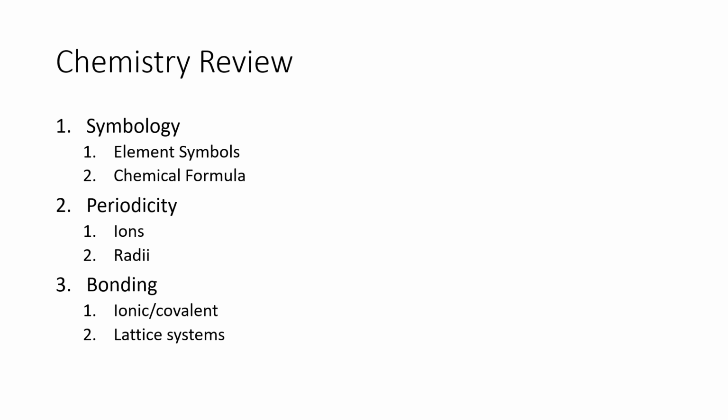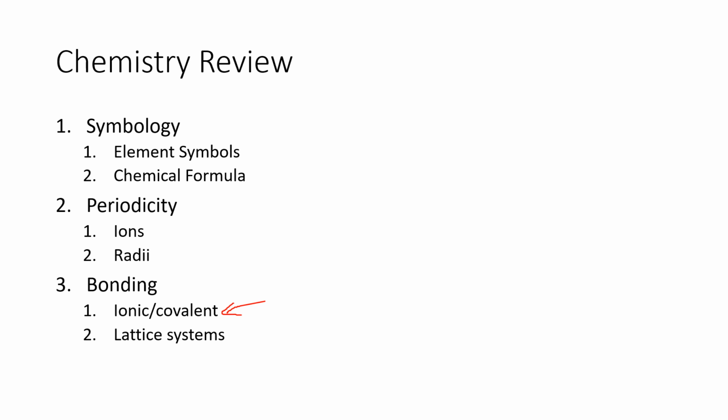I'm going to start with what for mineralogy is a relatively simple one, but for chemistry class, it would not be a simple one. Then I want to talk about periodicity and ions and radii. So I haven't really put together specific slides on this, and I don't know where folks are going to be. Do you remember ionic versus covalent bonding from high school chemistry or whatever?